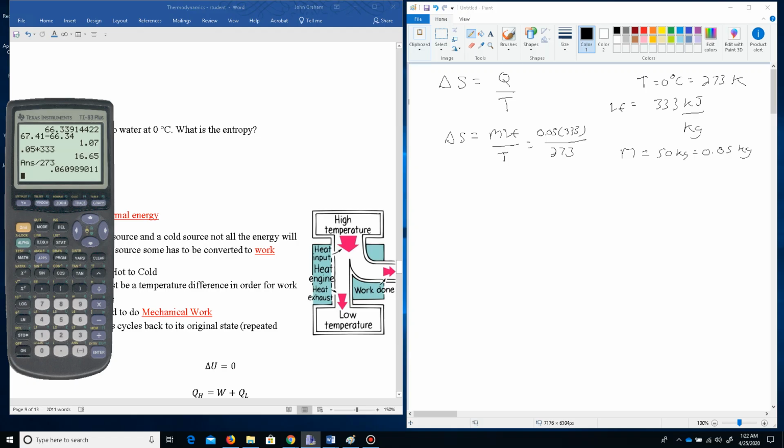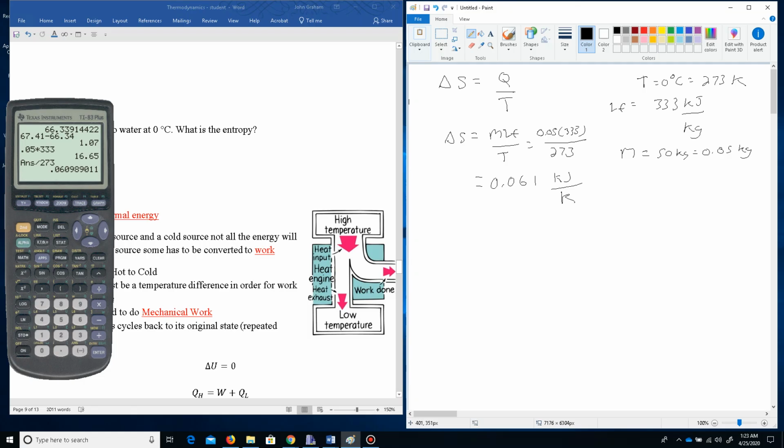And you get 0.061 kilojoules. Kilograms cancel out over Kelvin.